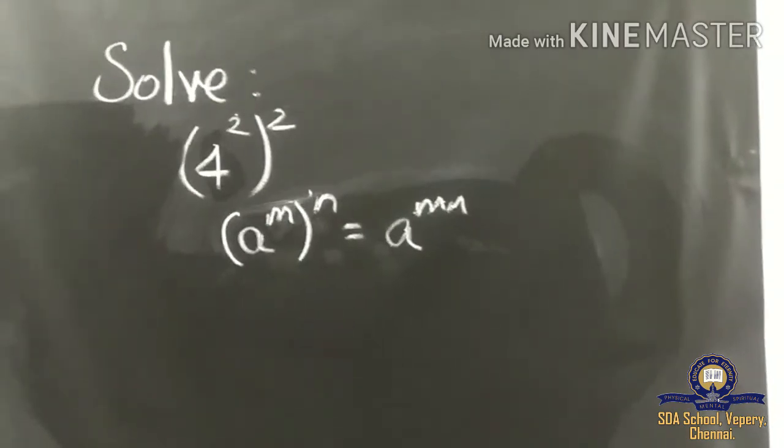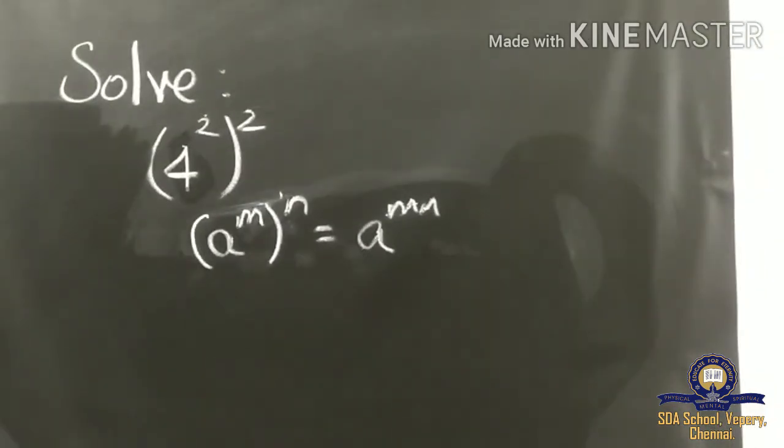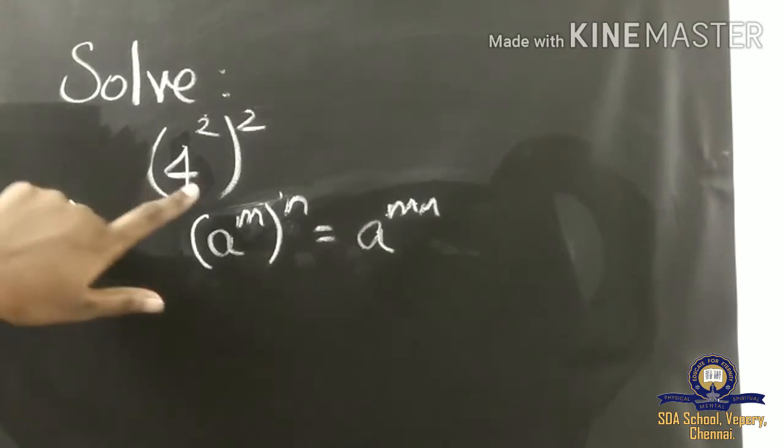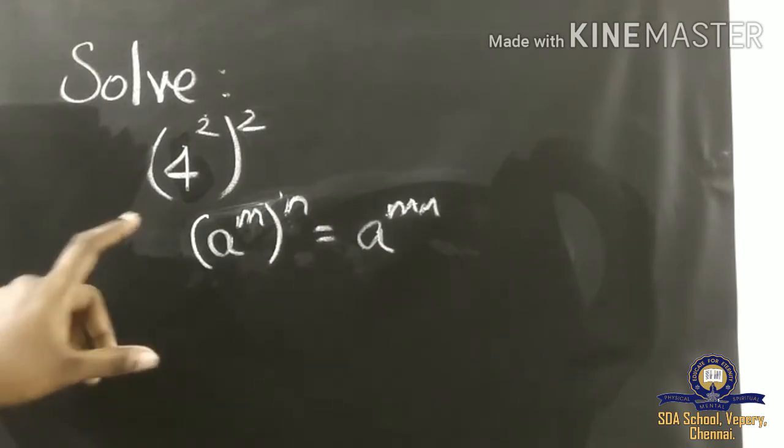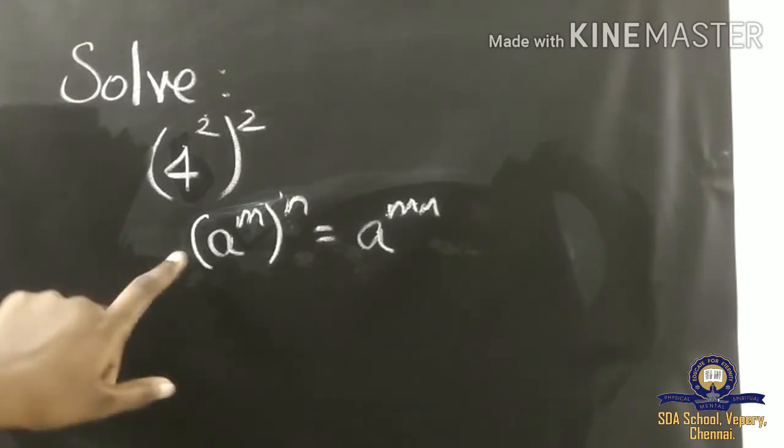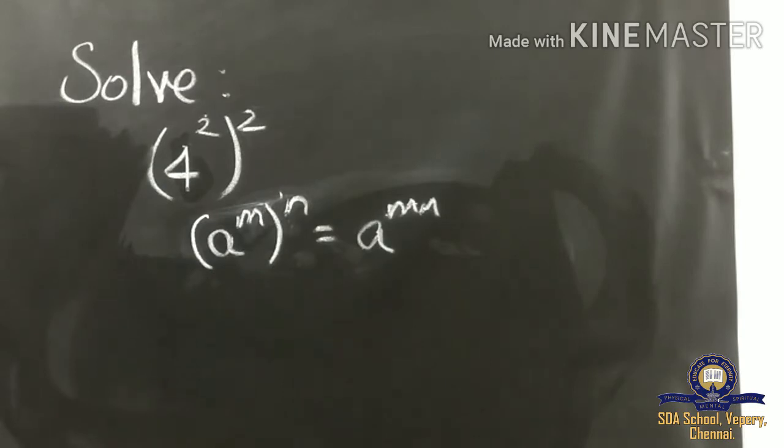Let's see another example. Here there is a value (4^2)^2, right? These exponents are also in the form of (a^m)^n, right? So here we are going to replace a value as 4, m value as 2 and n value as 2.